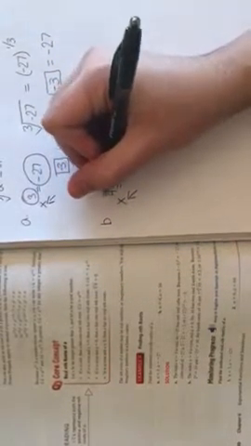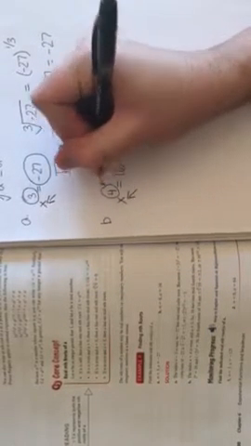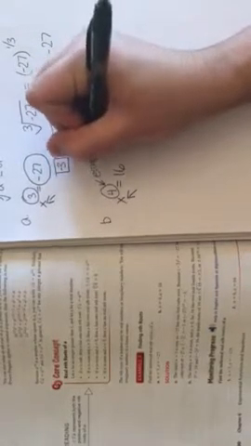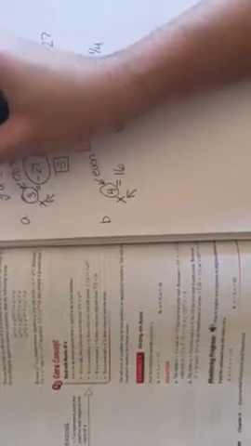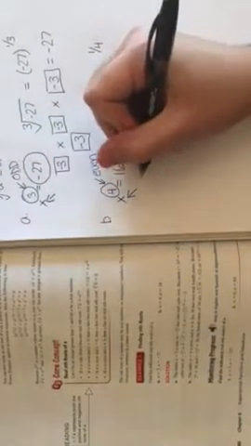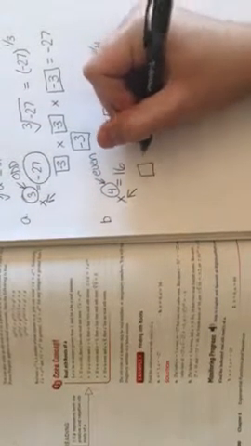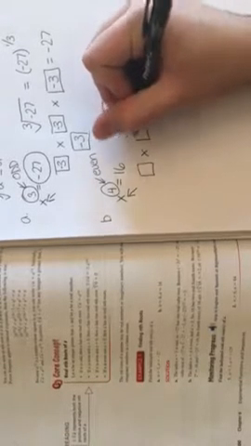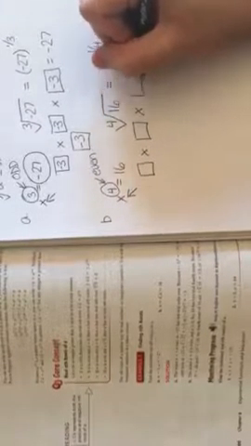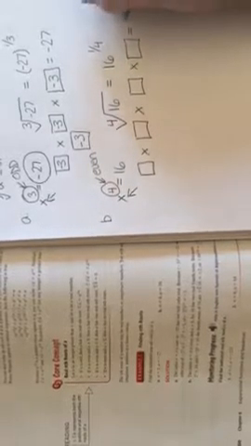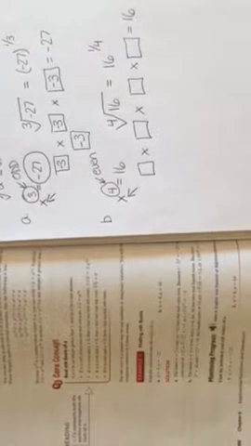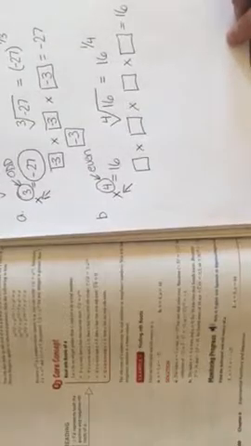What you need to understand, it's important to realize that this is even, compared to our odd one. So we need to know what times what times what times what equals 16.